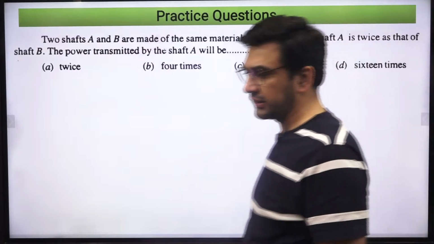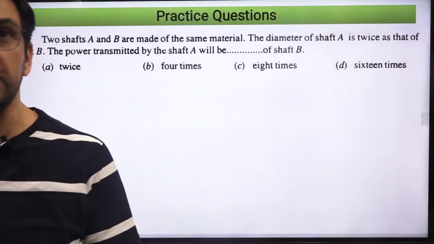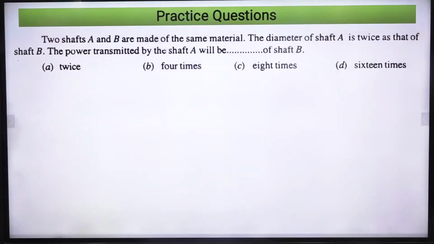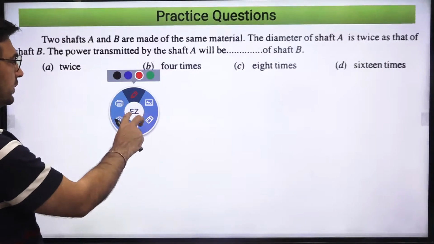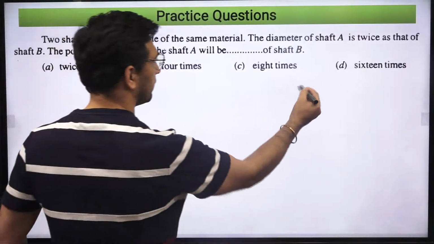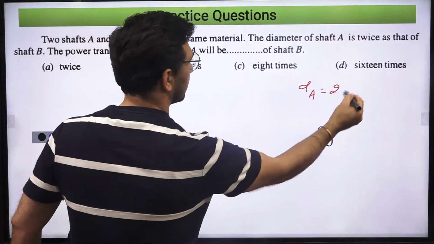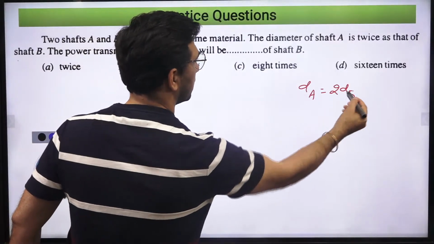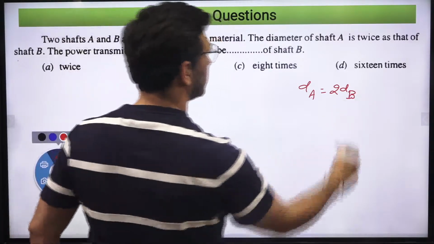Just try to answer this. Just apply your concept and try to solve this. Two shafts A and B are made up of the same material. The diameter of shaft A is twice that of the diameter of shaft B. That's what it says.